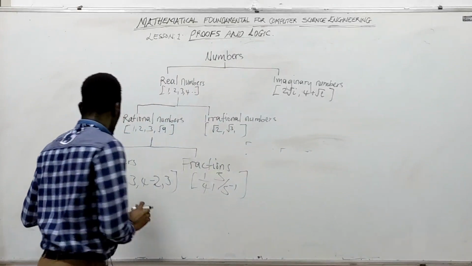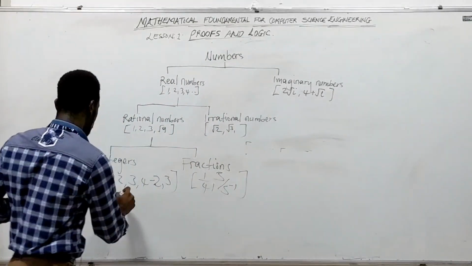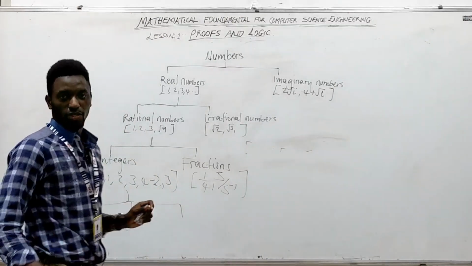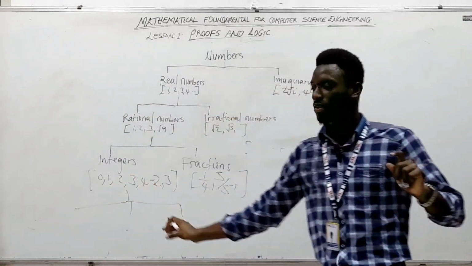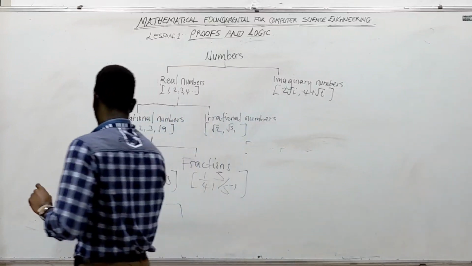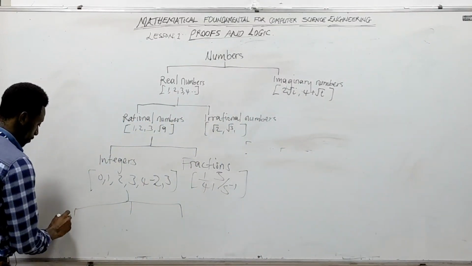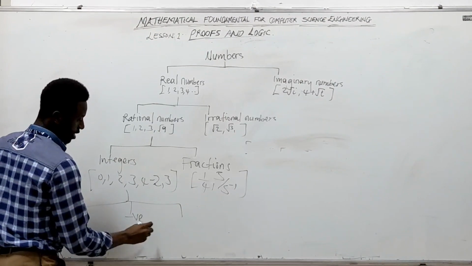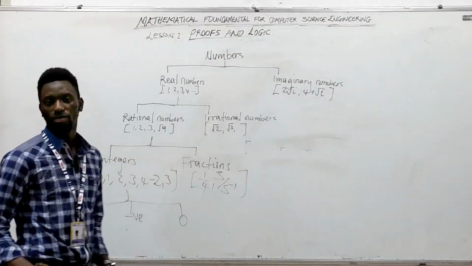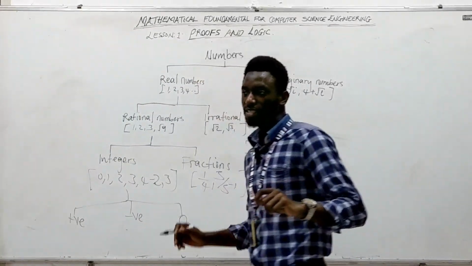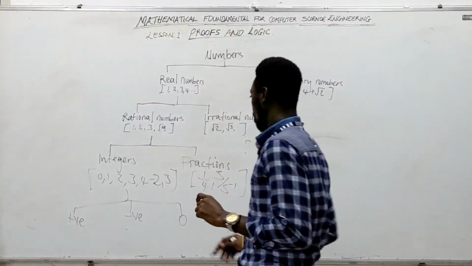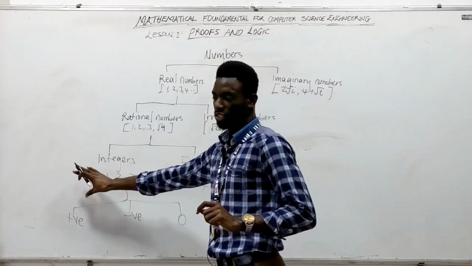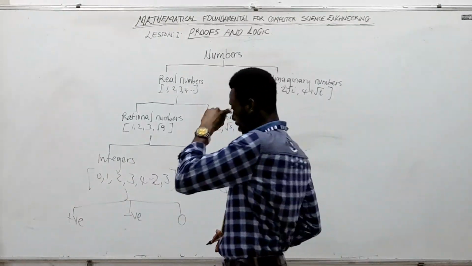So for now, we can further divide integers into 3 parts. First we have positive integers, negative integers, and zero. You can see here the negative numbers and positive integers with 0.